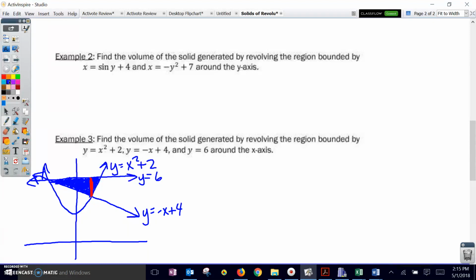And so we start off by writing our first integral. We're going to have pi times the integral of the outer boundary squared, which is y equals 6, minus the inner boundary squared, which is negative x plus 4. We'll worry about the limits of integration on that in a second.